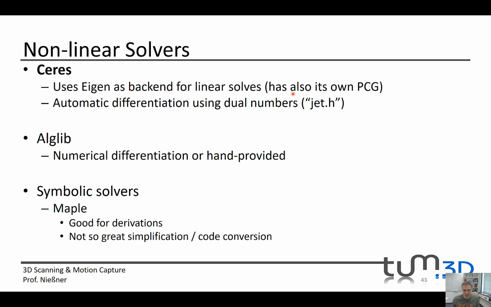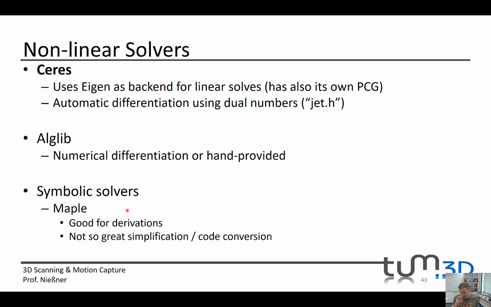Okay, there's other solvers. dlib is one I've used a couple of times. It's a C++ library that does numerical differentiation, or you can provide hand-provided gradients. Basically, you have to provide the Jacobian matrices, so you can do it on a whiteboard. But they implement basically Levenberg-Marquardt. Yeah, Ceres is also a Levenberg-Marquardt solver. But then there's symbolic solvers.